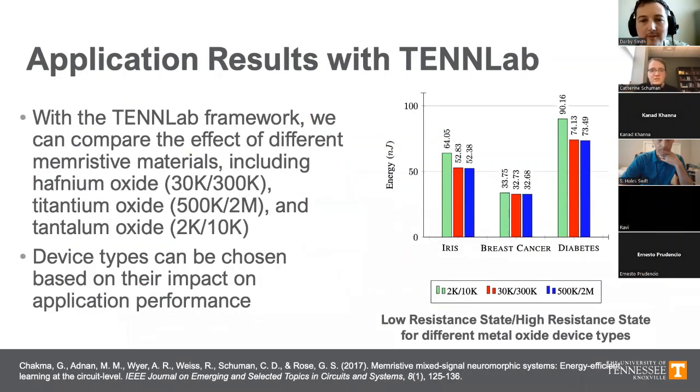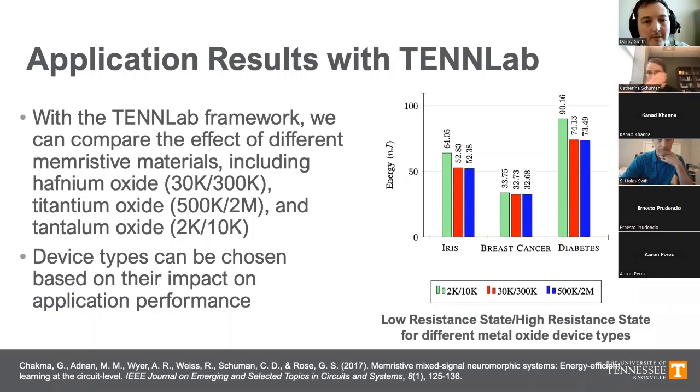One of the things that the students used EONS for is to evaluate what the impact of different memristive metal oxide materials would have on the energy usage of our resulting networks. The student who did this was Gangotri Sharma. She evaluated across 3 different types of metal oxide memristors: hafnium oxide, titanium oxide, and tantalum oxide, that have different low resistance and high resistance states.